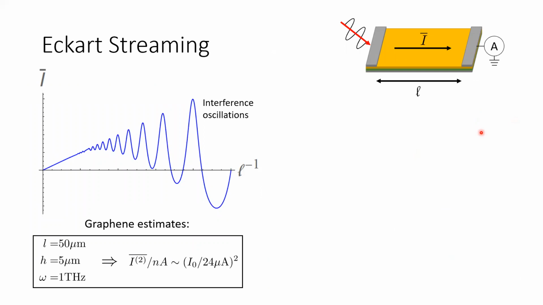So, to understand some of the functional features of this DC current generation, here I have plotted the DC current against the length of the device. And at long lengths, we find 1/L type behavior.